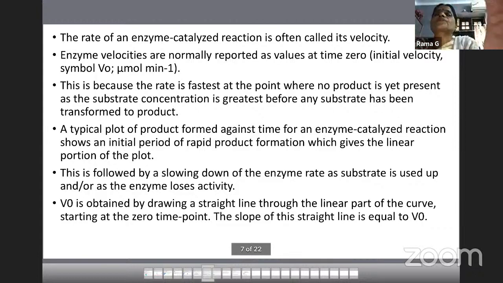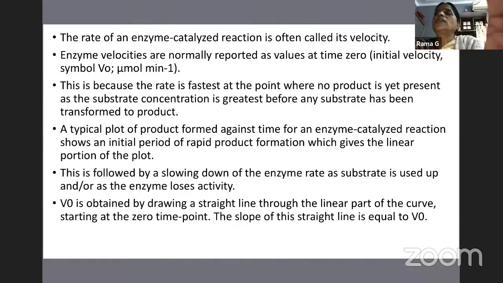The next point: a typical plot of product formed against time for an enzyme-catalyzed reaction shows an initial period of rapid product formation, which gives the linear portion of the plot.